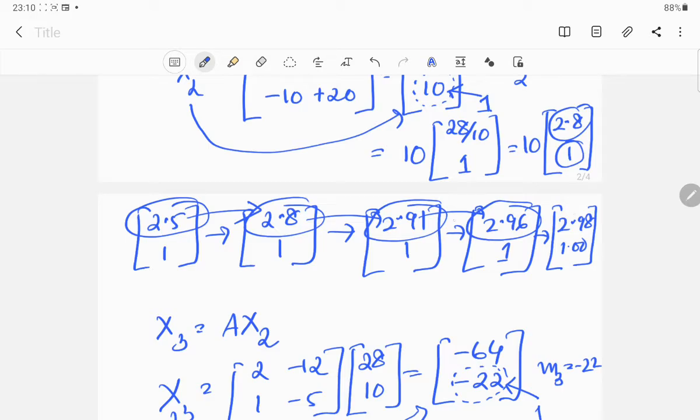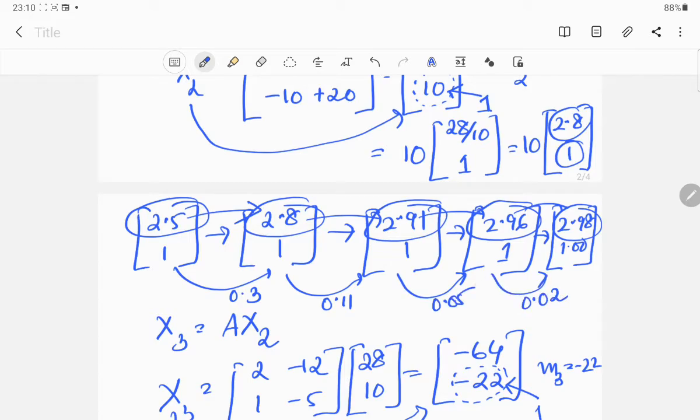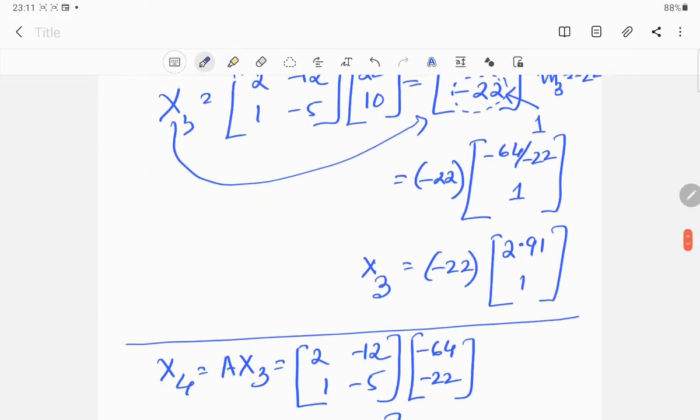Here the gap is 0.05, and then here the gap is almost 0.02. So we need to keep on doing that till we start getting a constant value. So we will try one more.